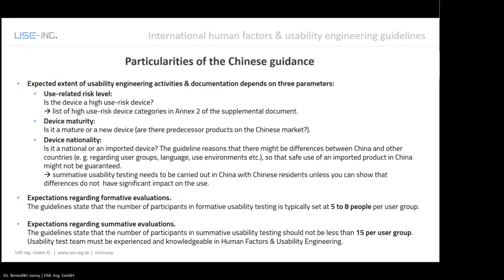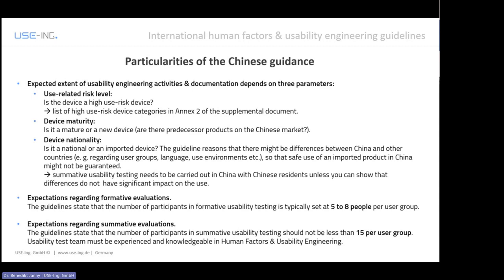So for the summative usability testing, you have to decide or reason first, are there similarities or differences in the use of the product in comparison to Chinese hospital or OR workflows? So summative usability testing needs to be carried out in China with Chinese residents unless you can show that differences do not have significant impact on the use.